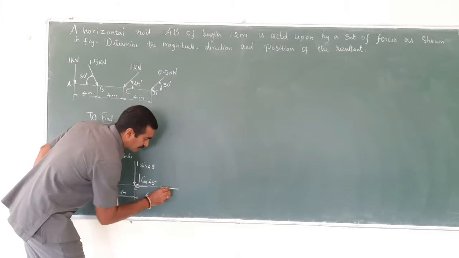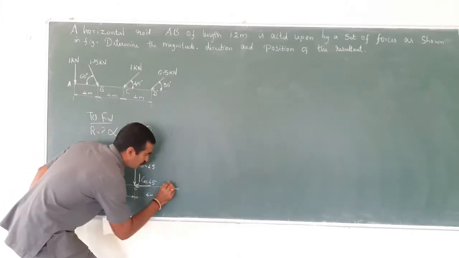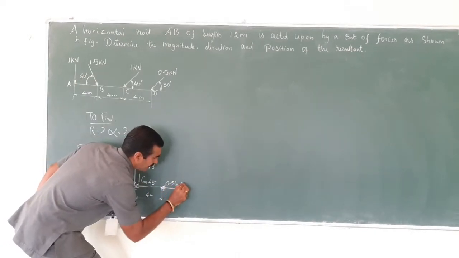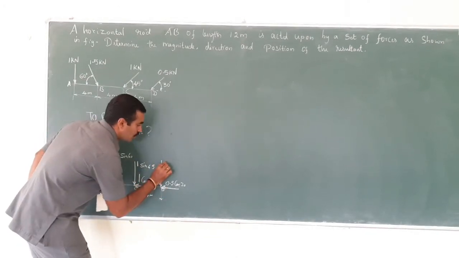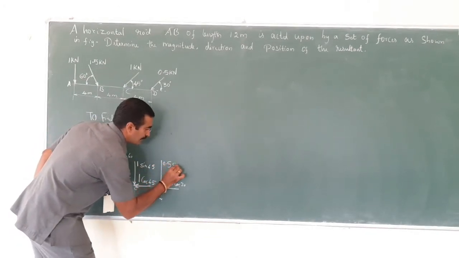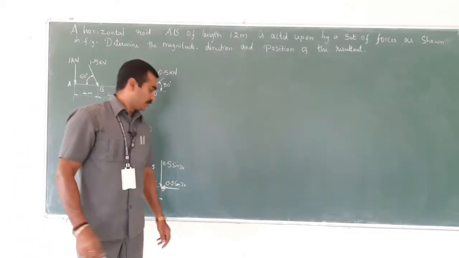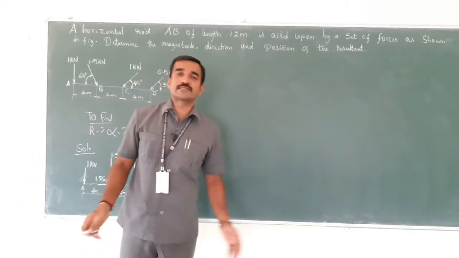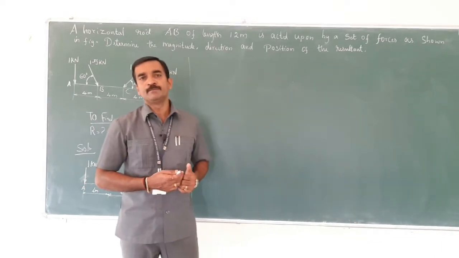So this can be represented in this manner. So its magnitude is 0.5 cos 30 and its vertical component can be mentioned as 0.5 sin 30. Got it?